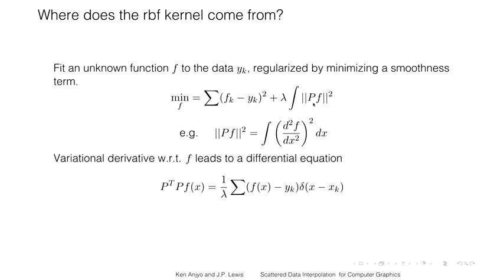The function is f. This P is an operator that expresses how rough things are, typically the first derivative or the second derivative or even a mixture of those two, as shown here. If you do variational calculus, you end up with something like this, where the operator squared is equal to this thing on the right-hand side.